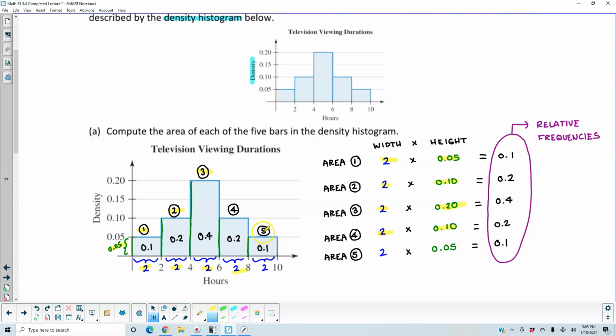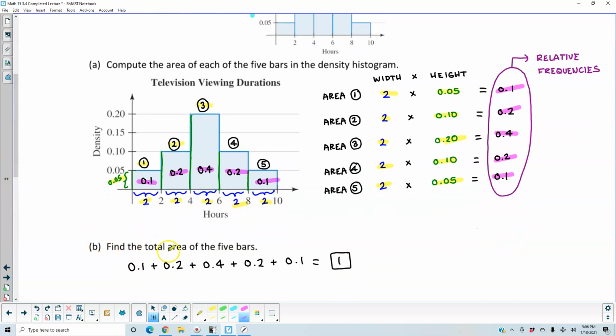And then for the fifth bar, we know that the width is 2, and the height is 0.05, which we did at the beginning, which gives us 0.1. So again, take a look at the relative frequencies. There's 0.1, 0.2, 0.4, 0.2, and then 0.1.